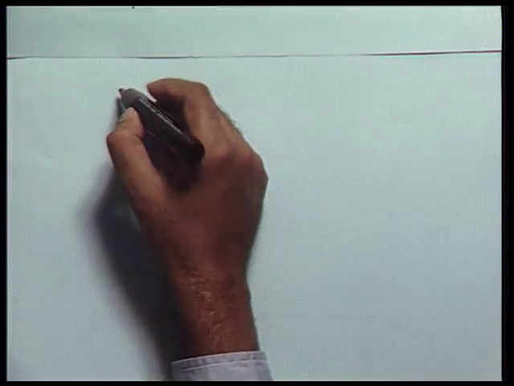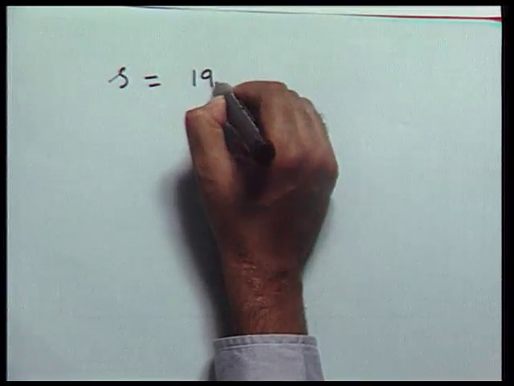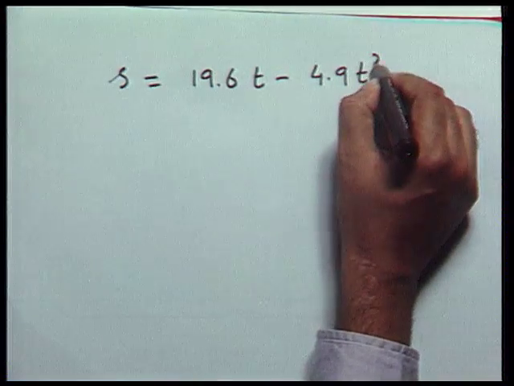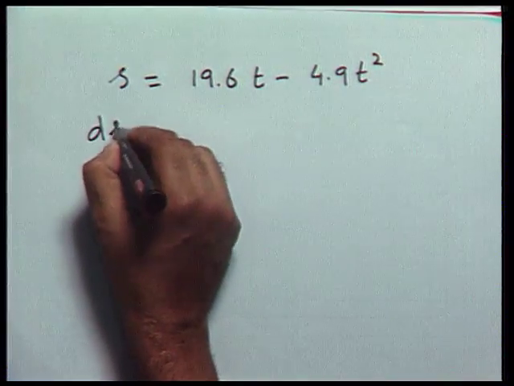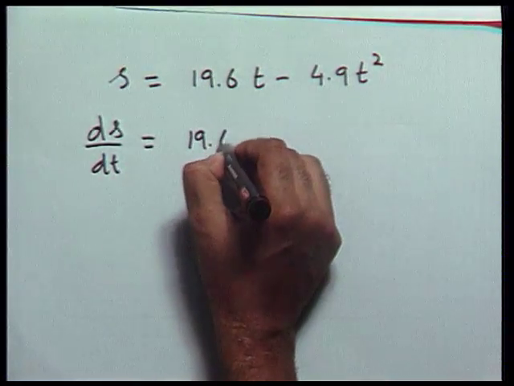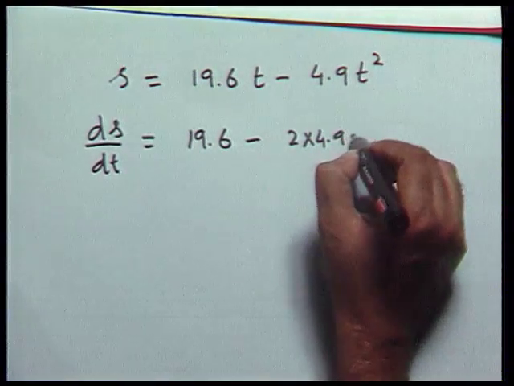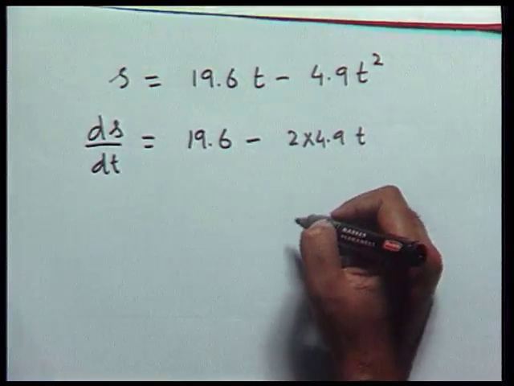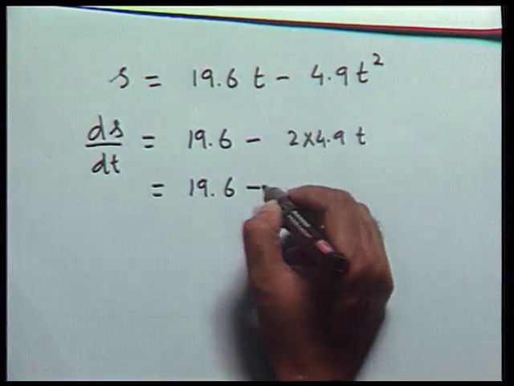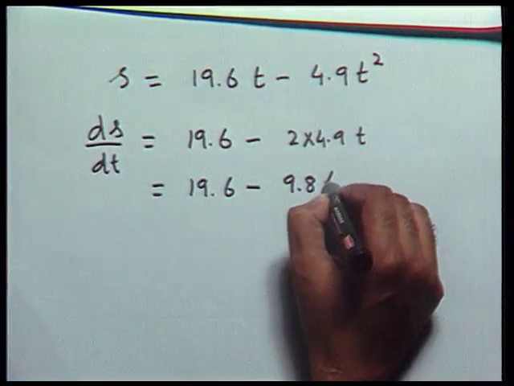Here is the expression for the first stone. The expression for distance is s equal to 19.6 t minus 4.9 t squared. What is the velocity? ds by dt is going to be equal to 19.6 minus 2 into 4.9 t, that is just 19.6 minus 9.8 t.